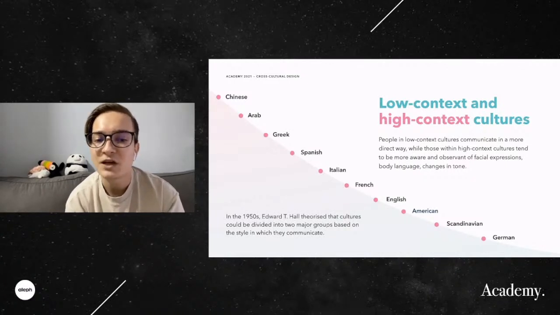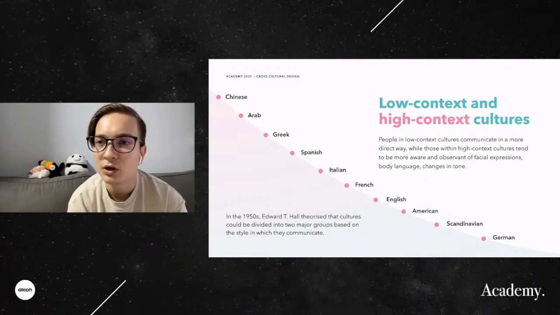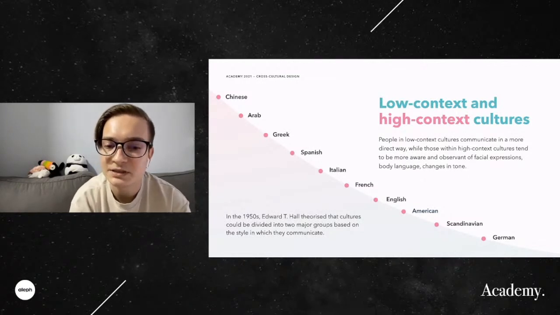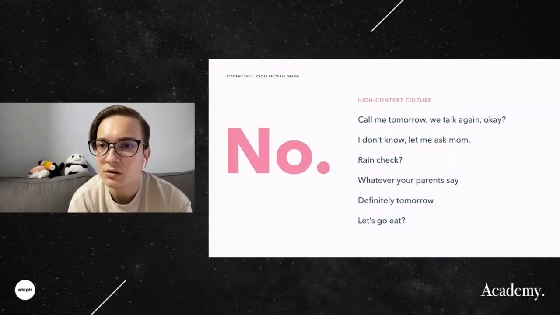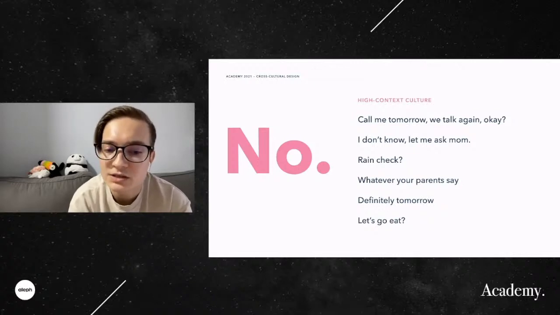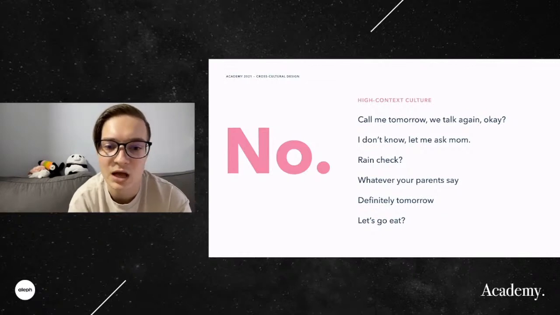A lot of those facial expressions and changes in tone are not explicitly stated but still impact the meaning of what's being said. So basically, a no in German is essentially a definite and solid no, but in Arabic, for instance, it might mean anything from call me tomorrow, we talk again, or yeah, let's go eat.